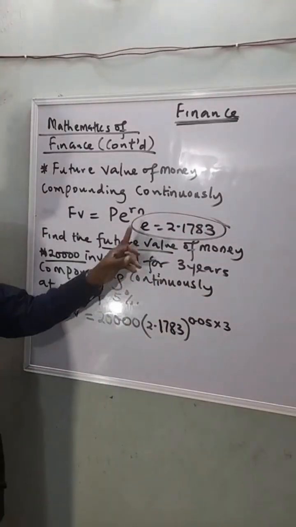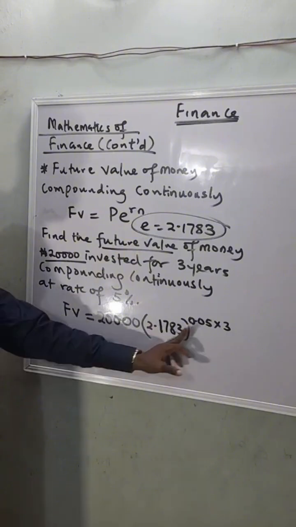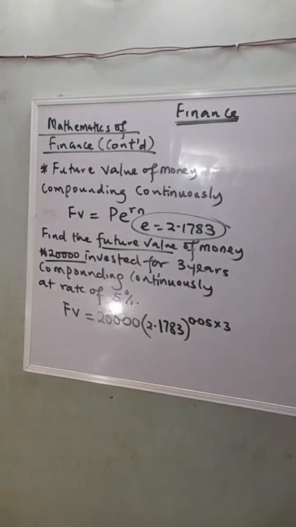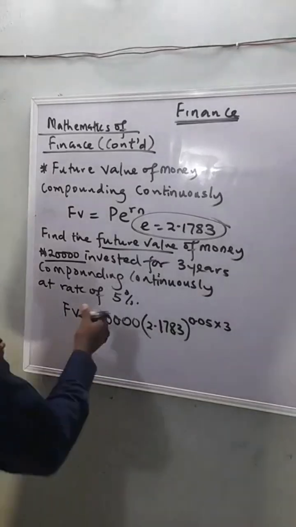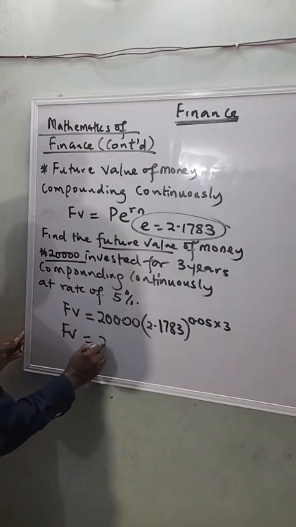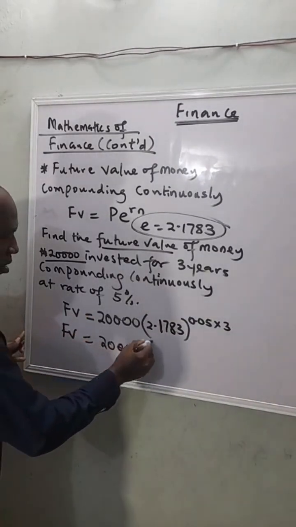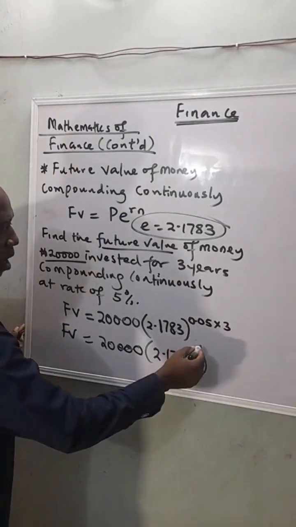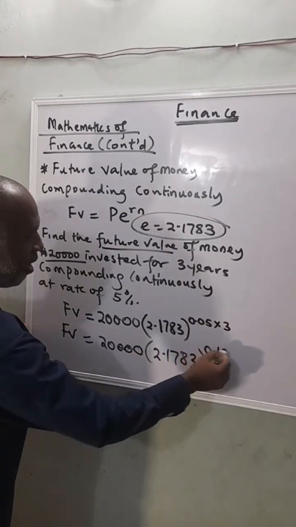So our e from this formula, now we'll put it here, raised to the power of 0.05 times 3, and your calculation will be so easy. Future value will be 20,000 into 2.1783, all raised to the power of 0.15.